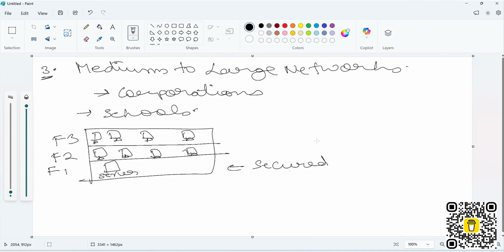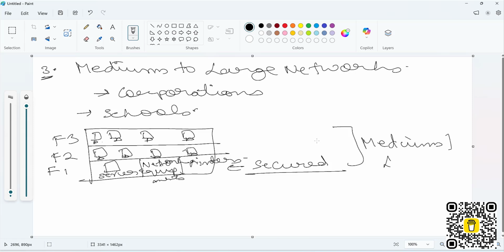They don't want anybody to access their server, or they want to keep other network equipment like their firewalls, printers, and other things which they don't want everybody to access. So this is an example of a medium to large network.